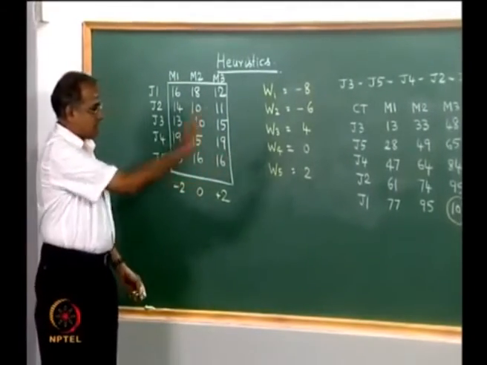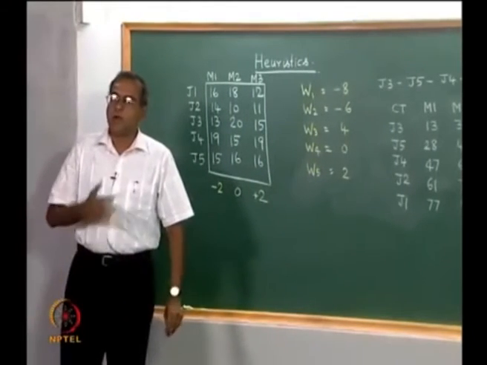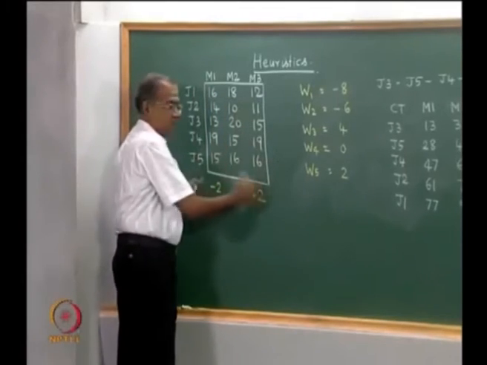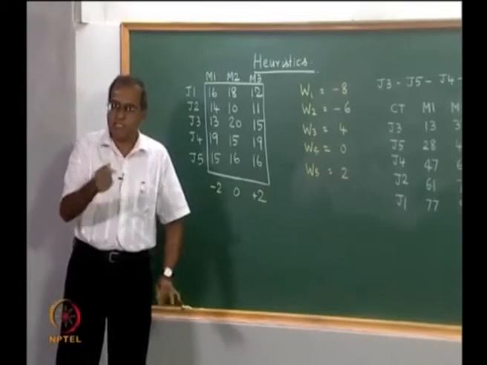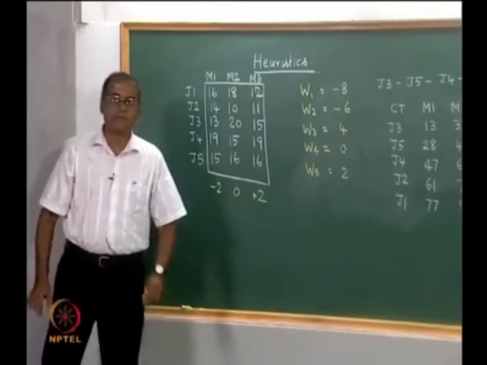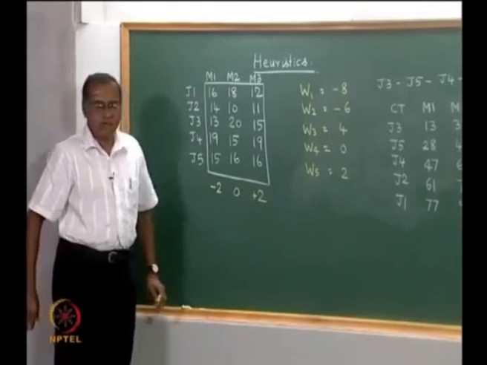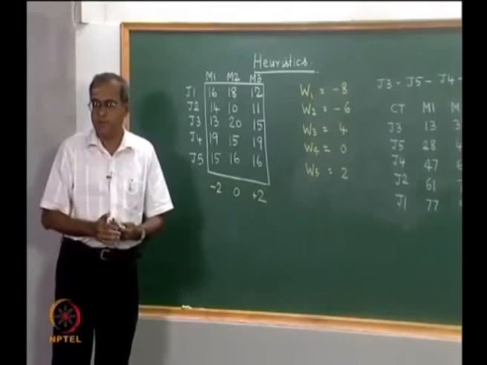So, this is how this algorithm works. A very simple algorithm, a one pass algorithm where you define weights for the machines. Right now the weights are arbitrary, but there is a logic in this which we will see. For any given weight you can calculate an index or a weight for every job.